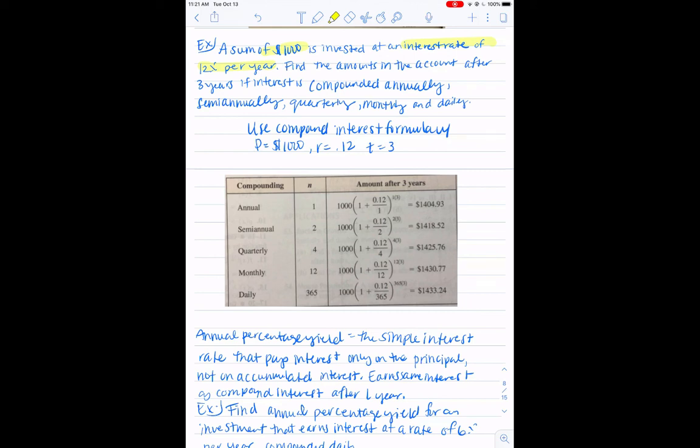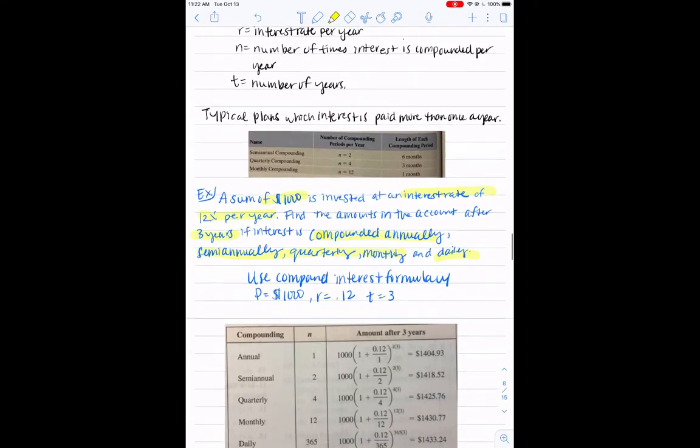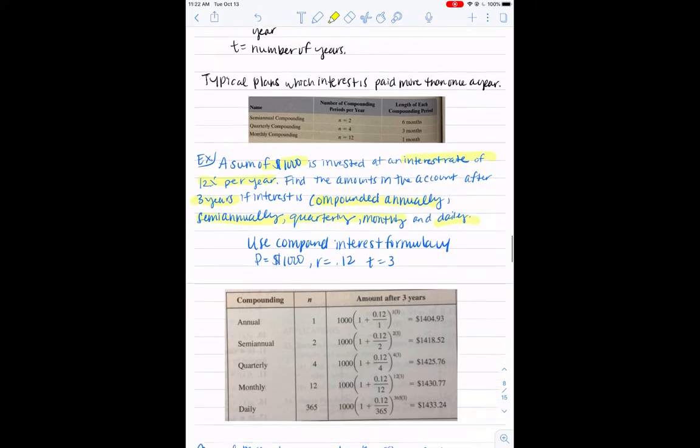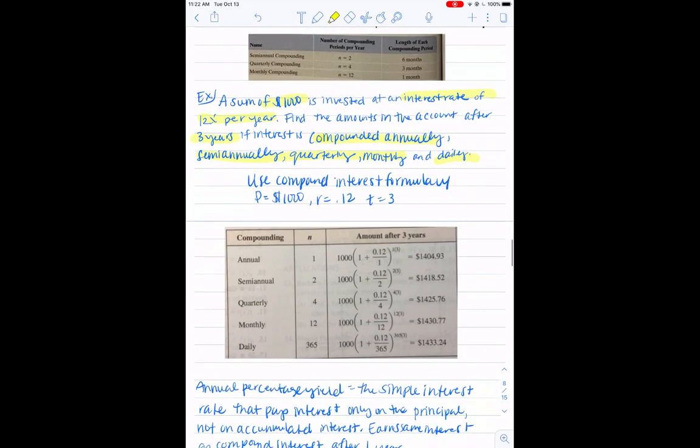We want to find the amounts in the account after 3 years if our interest is compounded annually, semi-annually, quarterly, monthly, and daily. So we're going to use our compound interest formula with P equal to 1,000, R equal to 0.12, and t equal to 3. So basically our n values are going to differ.